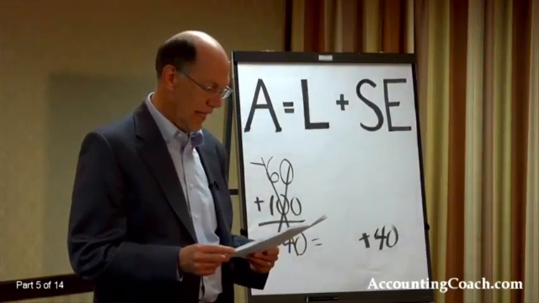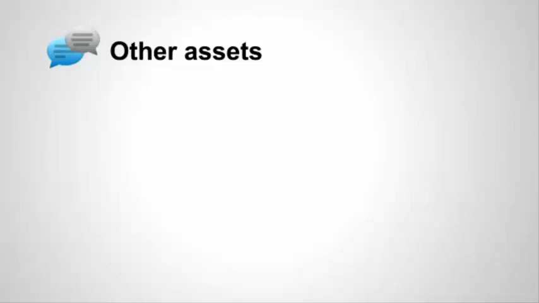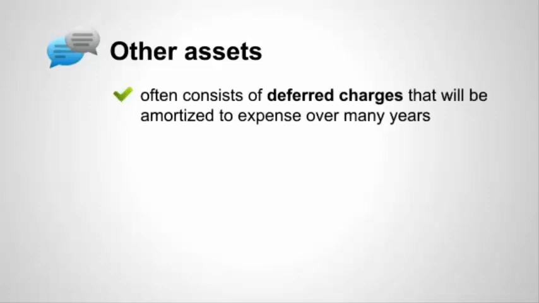So now we go to the last category or classification called other assets. And this is often labeled deferred charges even. And that's exactly what it means, deferred charges. Something we didn't want to expense yet that we're going to spread out over many years, kind of like depreciation, but we call it amortization.